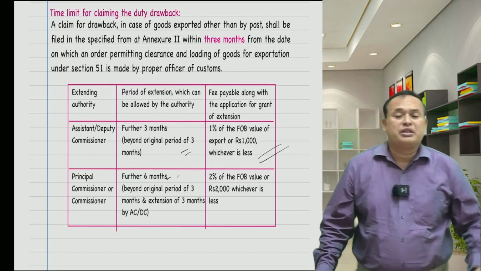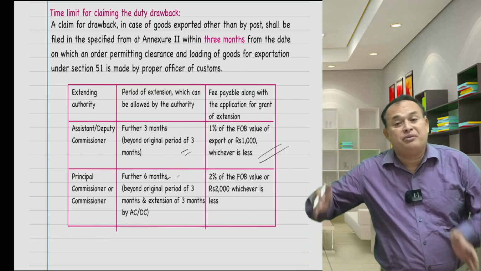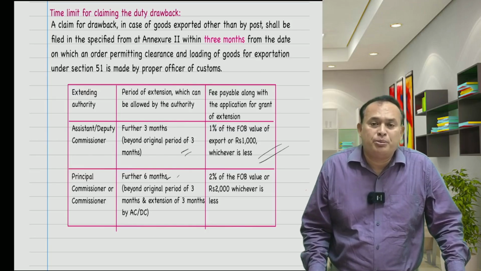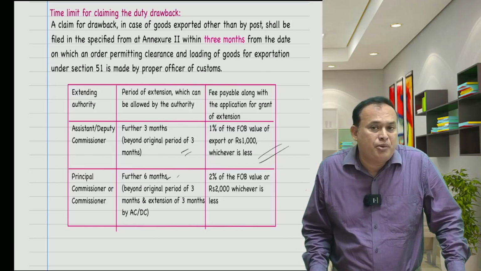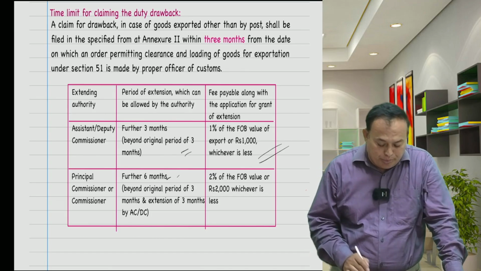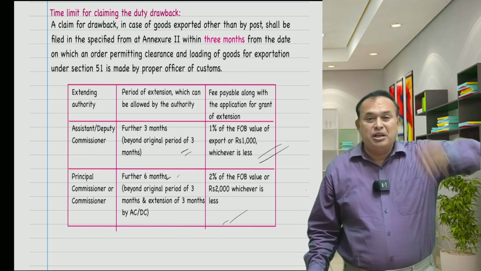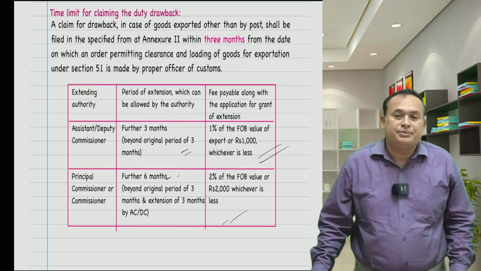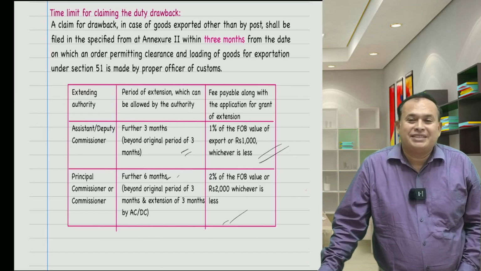After 6 months from the date of export, if you want to claim by taking a further 6 months, you can make an application and pay a fee at the rate of 2% of FOB value of export or rupees 2000, whichever is less. After expiry of 1 year from the date of export, claiming duty drawback is not allowed. As simple as this.